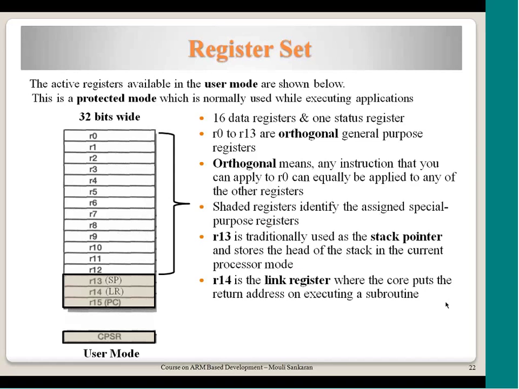And R14 is a link register. I can give you just a brief example of what it means. Suppose there is a subroutine call. We will talk about those things when we get to the instructions. If control is moved to some other place through a subroutine call, the return address, where the processor control has to come back after the subroutine is executed, is actually available in the PC.